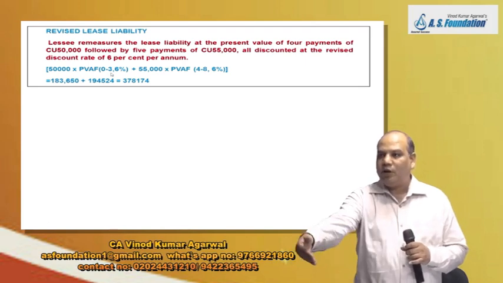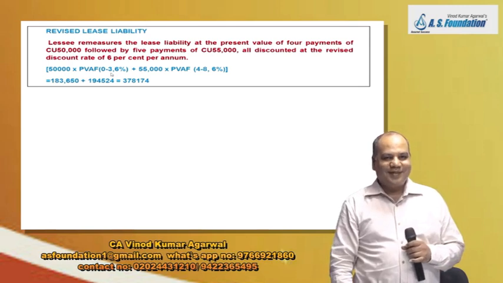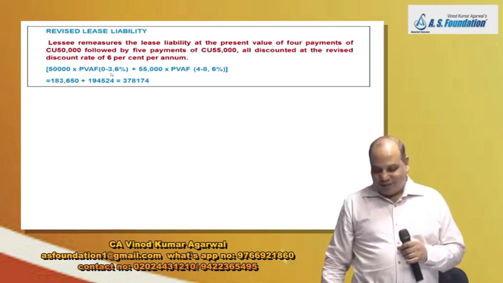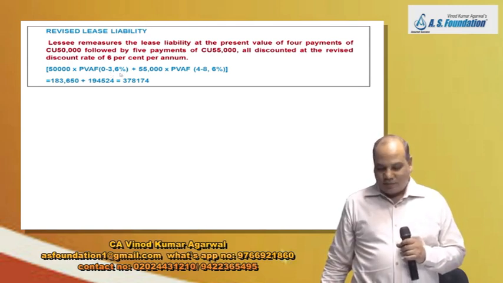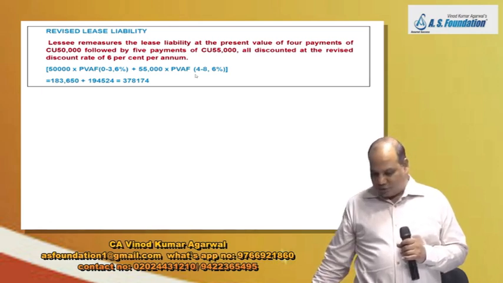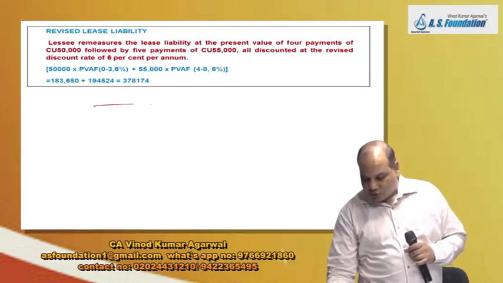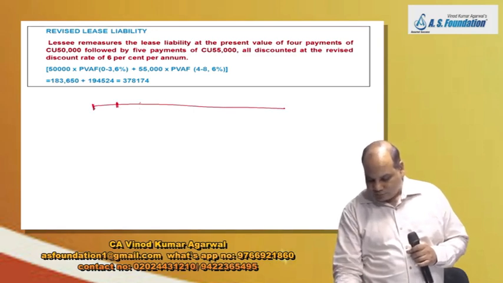The next payment is immediately due, next day, and 3 more. And what is the discount rate? 6%. And 55,000 into the next 5 installments, which will be 4, 5, 6, 7, 8 from a time value perspective. Okay. So please do it yourself once. Afterwards you will not be able to understand.